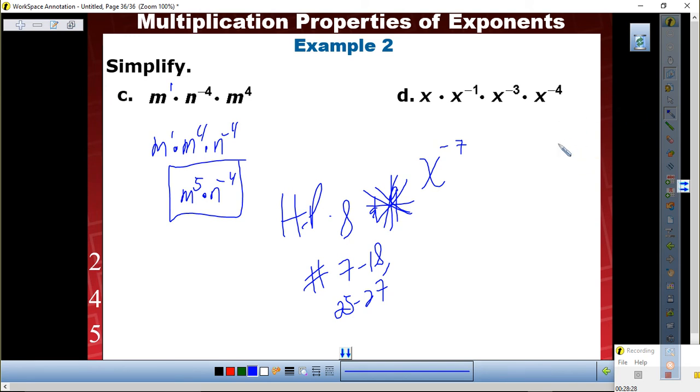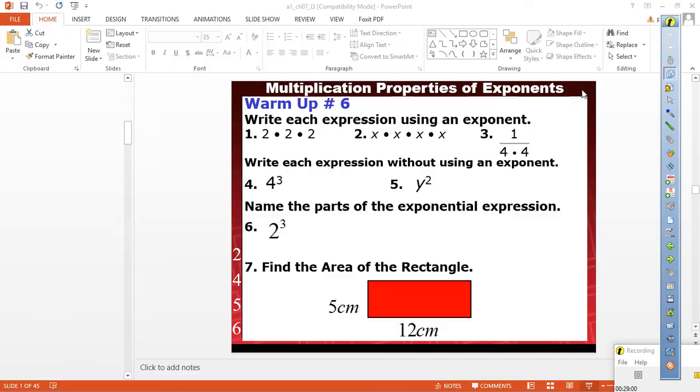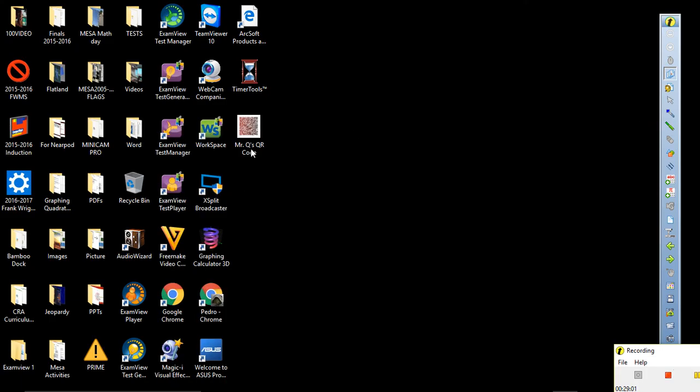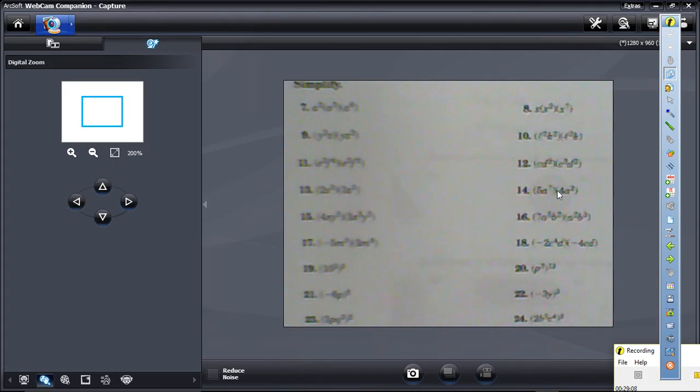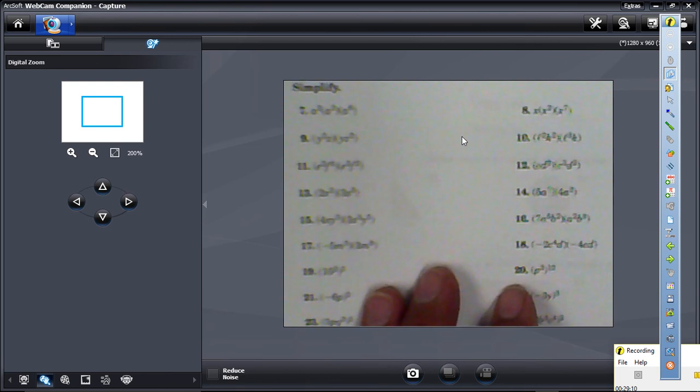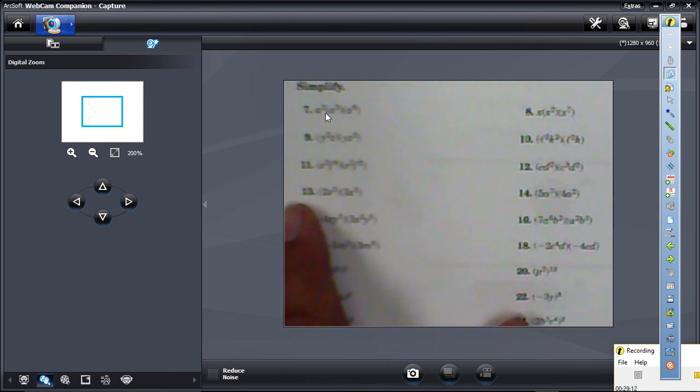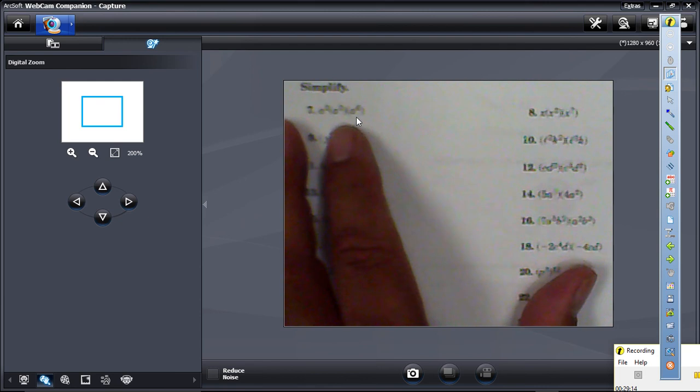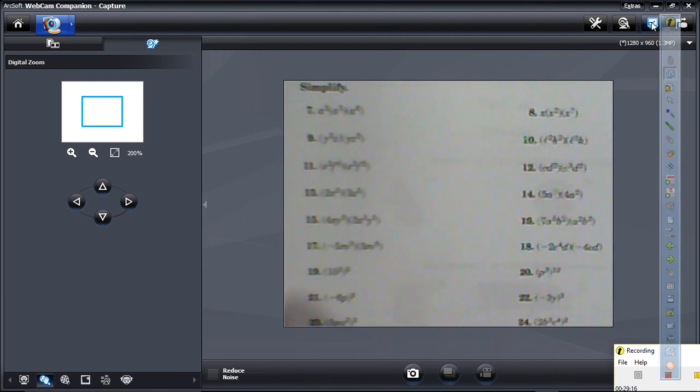And for the purpose of the video, I'm going to upload that in a little bit. So I'm going to turn on my camera so you can see the home play. Let's see. Okay, so here's the problems for tonight's home play. You can barely tell on some of them. I don't know if it's going to come out pretty clear. Let me zoom in.